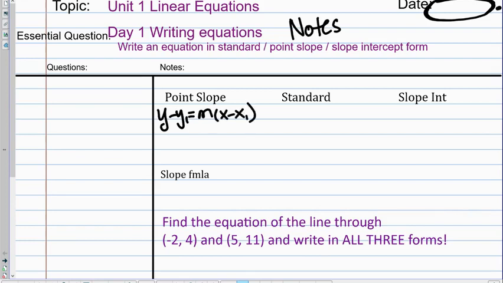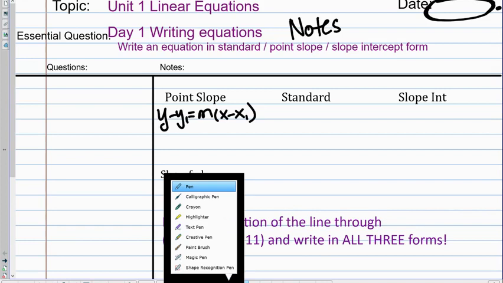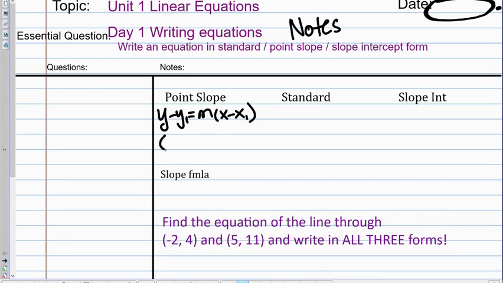In here you will notice that there is a point, and the point is (x1, y1), and your slope, the letter M. So that's point and slope.